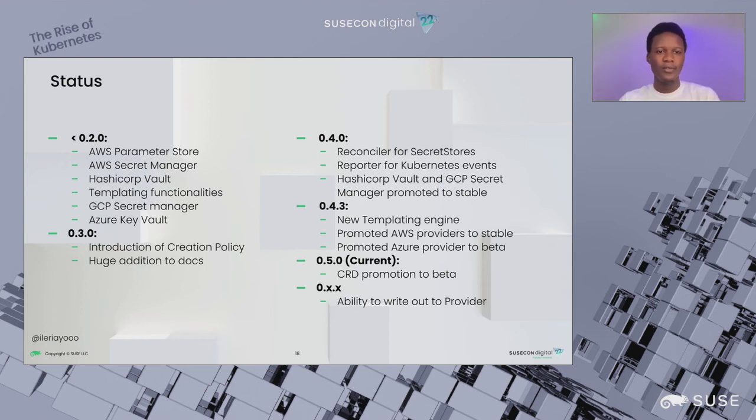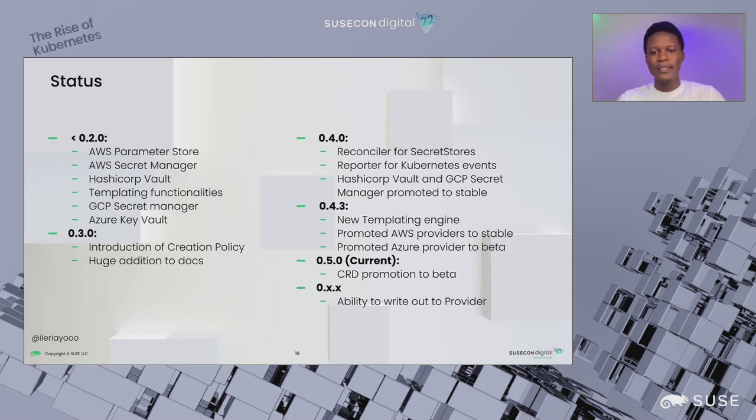Moving on to 0.3.0, there were lots of updates to the documentation. In 0.4, we began to look at the reconciler and reporter for Kubernetes events. By 0.4.3, things began to be stable. We began to promote things to beta, and in 0.5, we have the CRD promoted to beta.